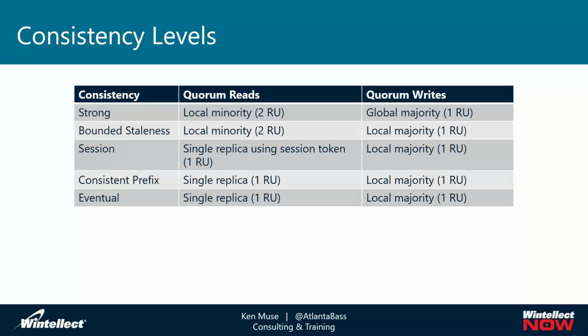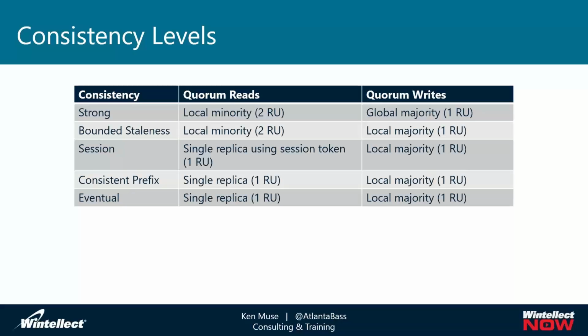Each of those activities requires some additional amount of request units. And so, as I mentioned, our request units may be doubled for reads, and that would occur if we're using bounded staleness or strong consistency, because it's going to want to make absolutely certain that it has achieved consistency in the read.